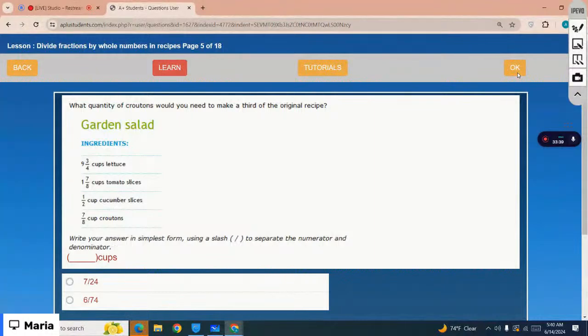What quantity of croutons would you need to make a third of the original recipe? So you need 7 over 8. So for the third recipe, how much you need?